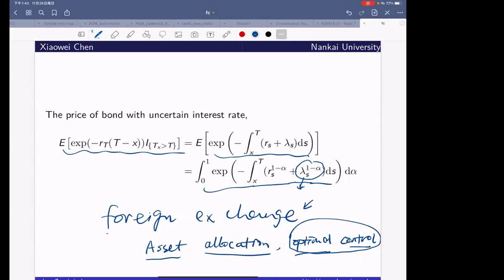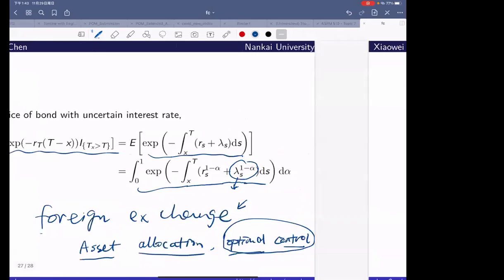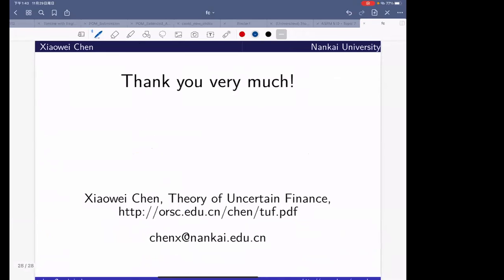So I can give a brief summary: if you use an uncertain differential equation to describe the stock price or some other price, then you open the door to uncertain financial engineering theory.